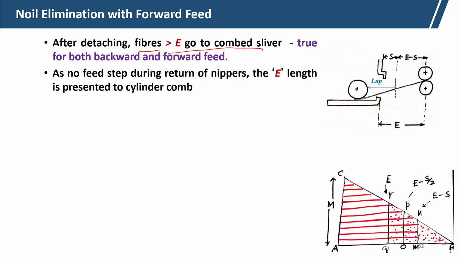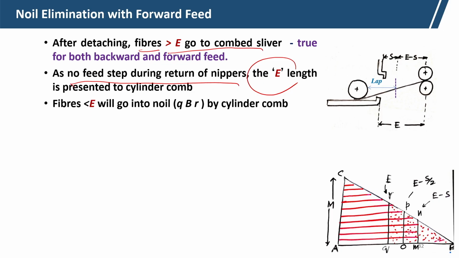As there is no feed during the return, effectively the length E will be presented to the cylinder comb. In the earlier case, length E plus S was presented. Here length E will be presented to the cylinder comb, and any fiber less than E will go into the comber noil.